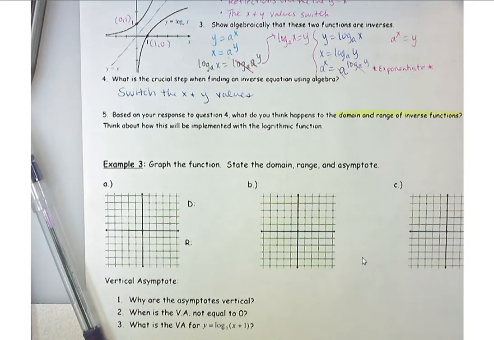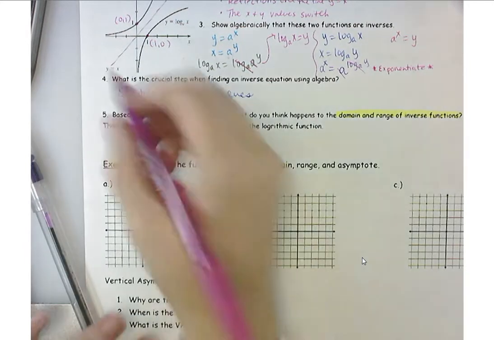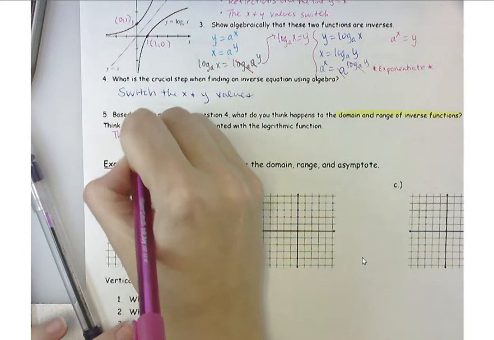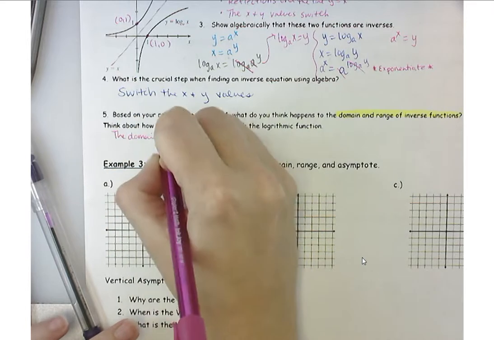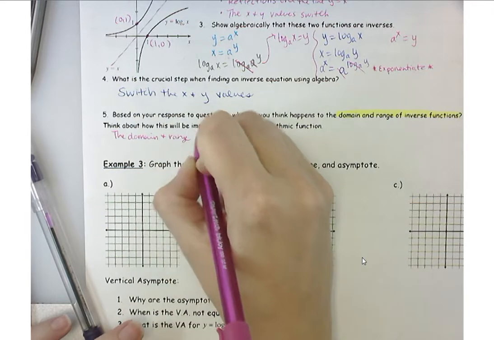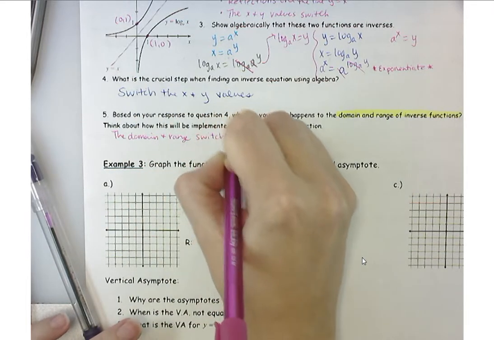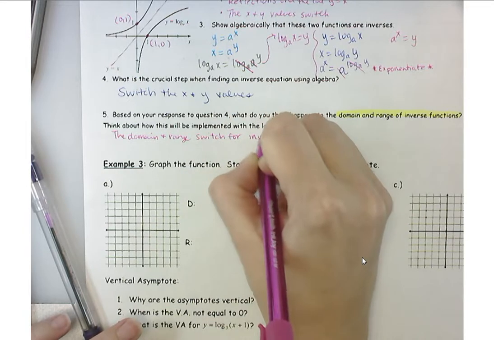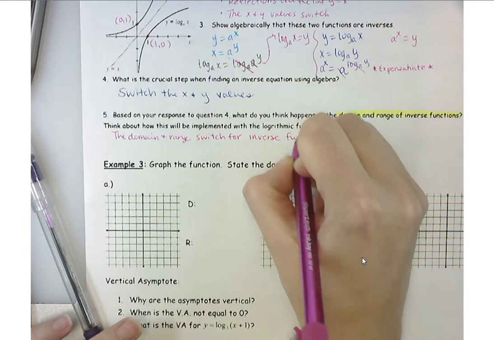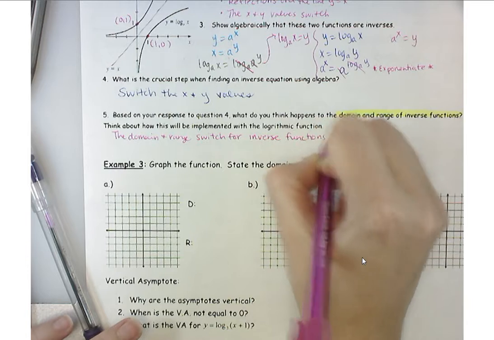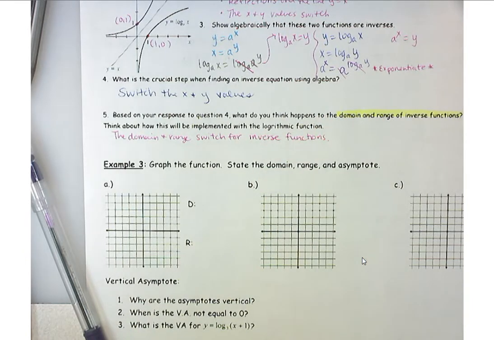And then I said, think about how that's going to be implemented with the log function. So think about that as we're writing this down. So the domain and range switch for inverse functions. So last week we did exponential functions, which is the inverse of a log function.